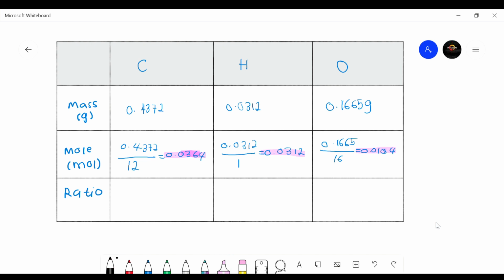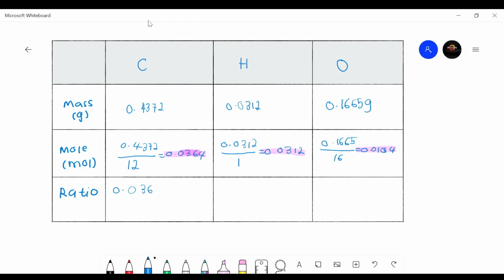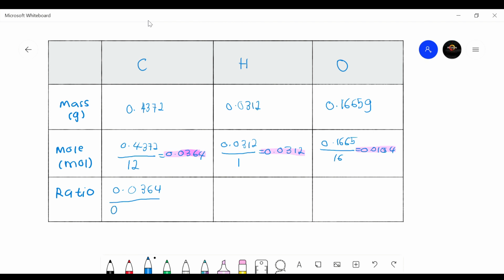So we need to divide all moles with the smallest value, which is 0.0104.